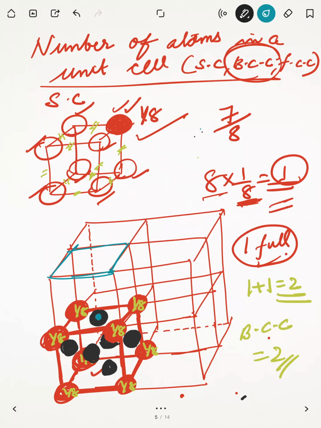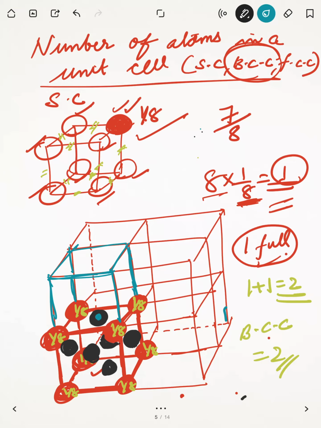One half is in the down unit cell, and the upper half is in this unit cell, what I am highlighting with the blue. So the contribution to this particular unit cell, highlighted with red, is only half.